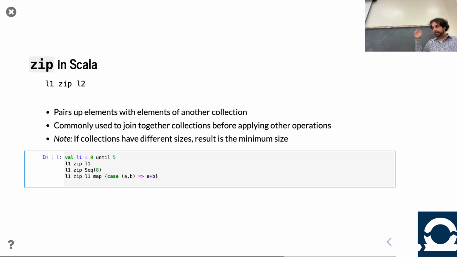I want to take an element from collection A and an element from collection B and put them together in some sort of function. Well, if these two constructs, we can put them together, right? We can compose that operation. We can first zip the two collections together. So what was two separate elements is now one element, a tuple, a pair specifically, and then I can apply map so that function applies to that pair of things. So very commonly you'll see zip followed by map or foreach as a way to merge things together.